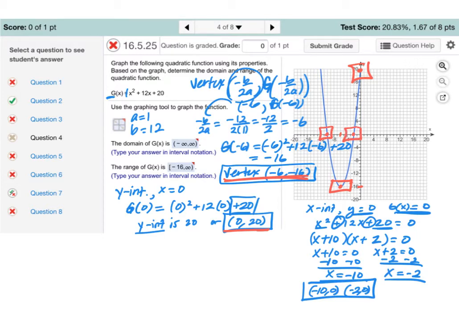Okay, next it asks for the domain of g of x. The domain represents all possible values of x expressed by the function. So here, all possible values of x. And so in this case here, I have a quadratic function that keeps going.